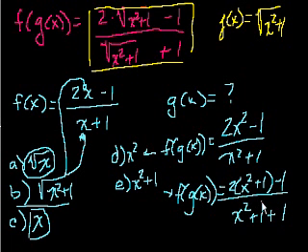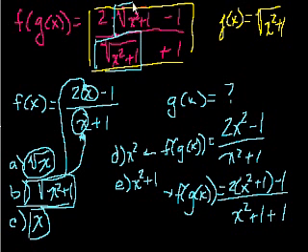You could simplify this a bit, but that still doesn't equal this. So once again, if you're given the choices, you just try them out. You replace the expression everywhere where you see an x, and that's what the question essentially was asking us.